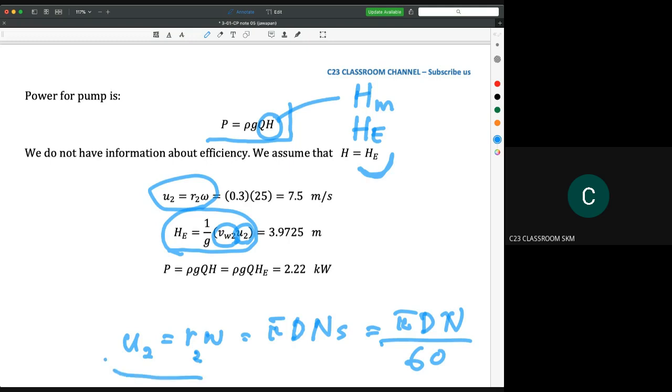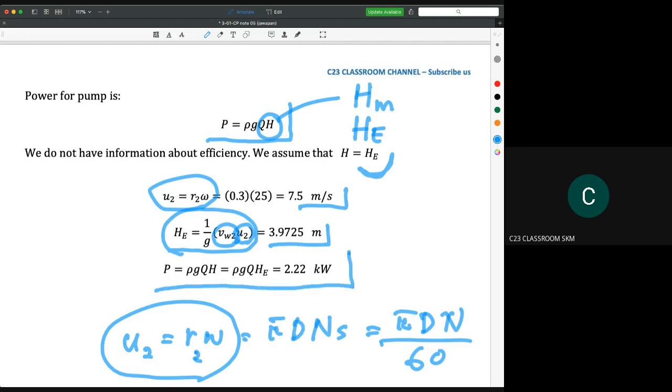We use this equation because it is already given in radian per second. So we use the radian per second, and we get 7.5 meter per second. Then we could calculate the Euler head, which is 3.9725 meter. So then we could calculate the power here as 2.22 kilowatt.